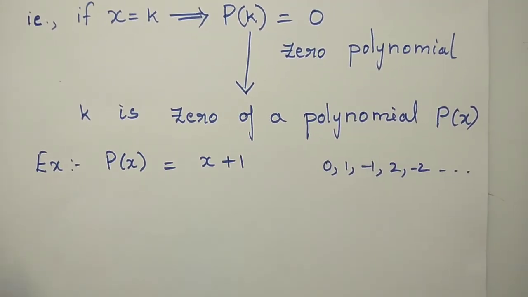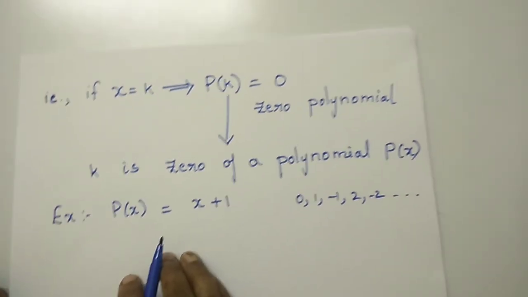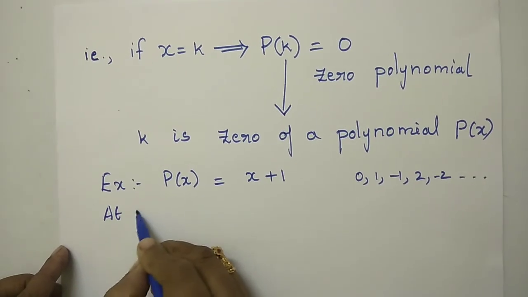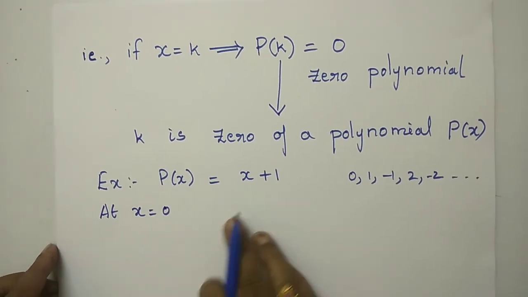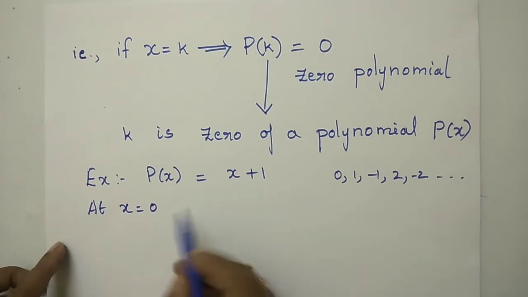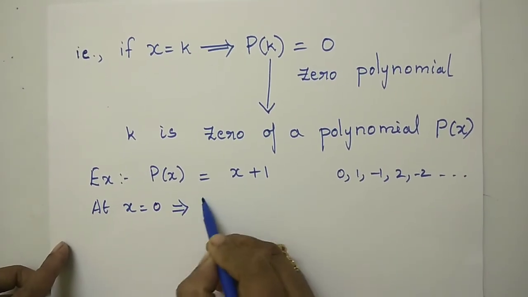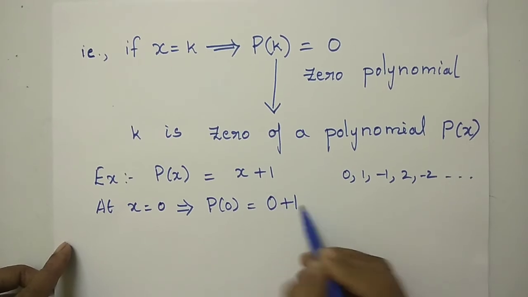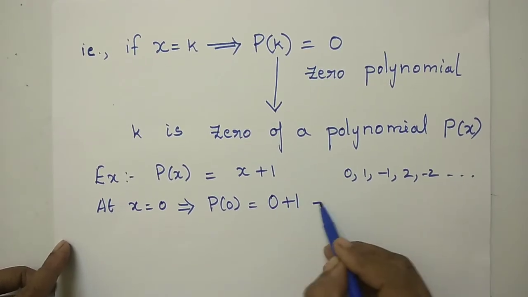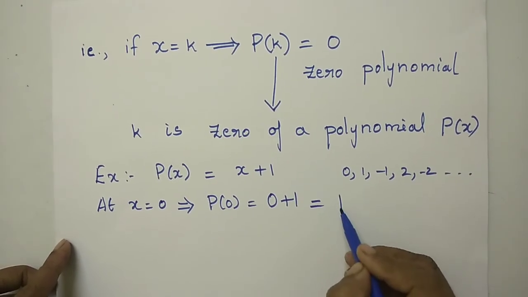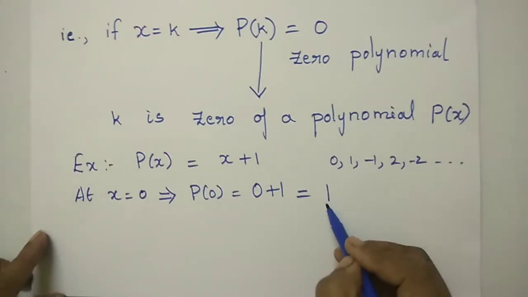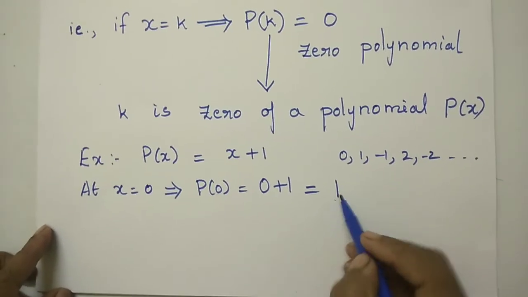Let us take x equal to 0. Then p of 0 equals 0 plus 1, which is equal to 1. We got 1, so it is a value of the polynomial but not a zero of the polynomial.